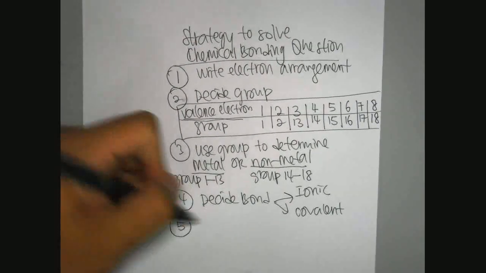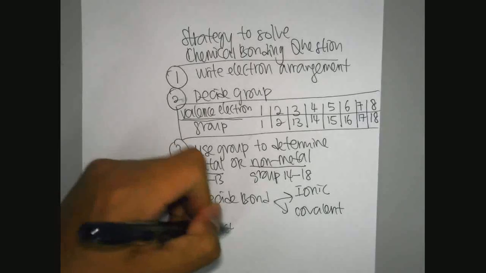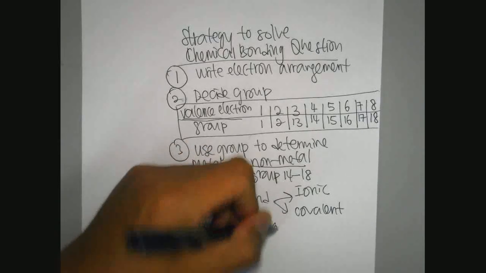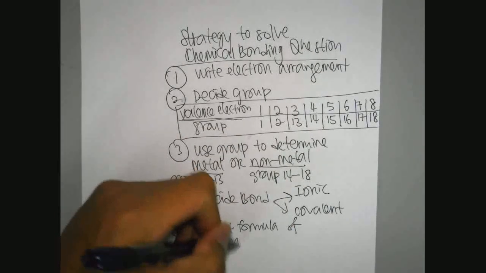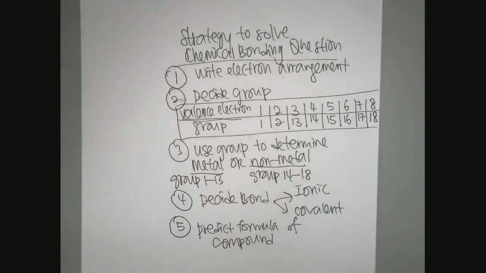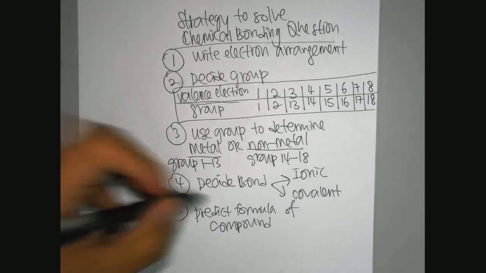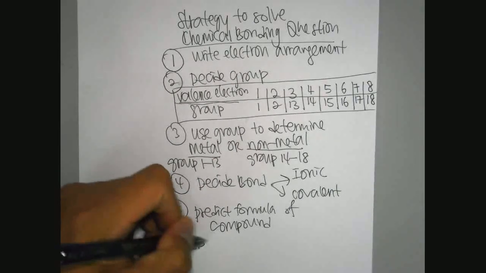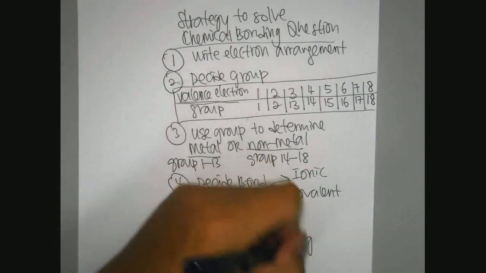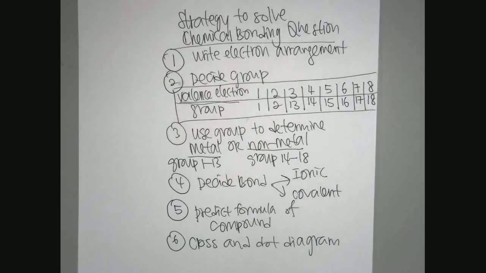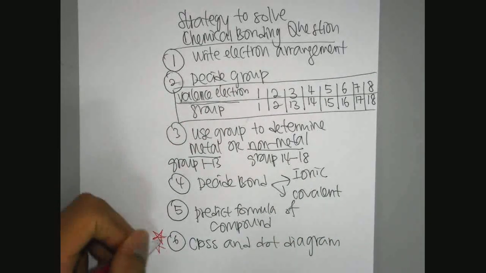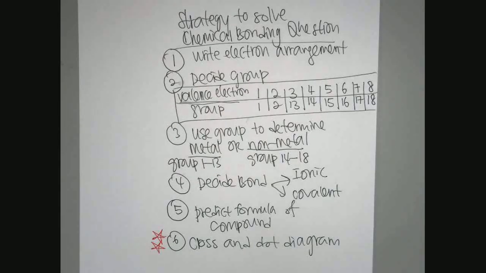Then we will start to predict the formula of our compound. We must be able to know what the formula is when they join together. Then we begin with the cross diagram. The cross and dot diagram is a diagram to show how substances combine together. It is one of the most important things in this entire chapter.